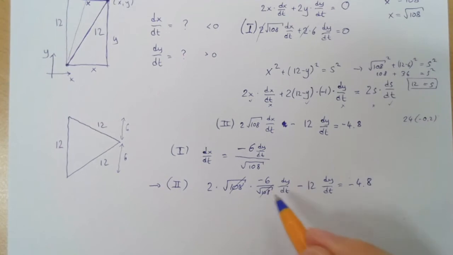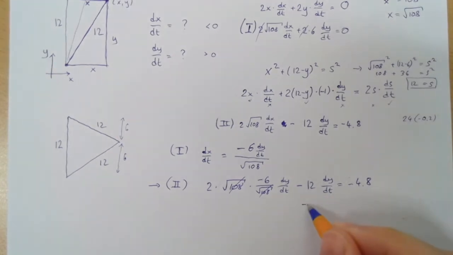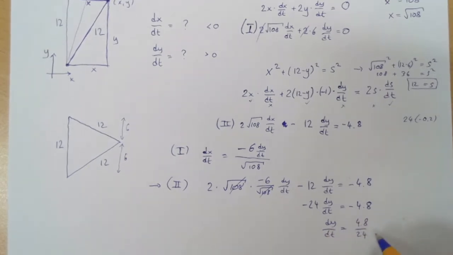Okay, I'm very happy that these square roots cancel out. Minus 12 dy/dt minus 12 dy/dt, I get negative 24 dy/dt equals negative 4.8. So dy/dt equals 4.8 over 24, and that is, if it was 48, 1 over 5.